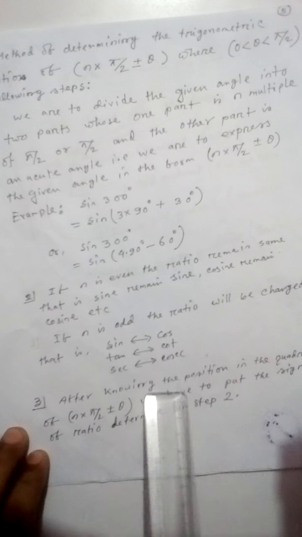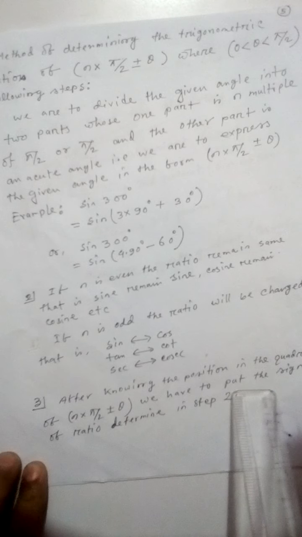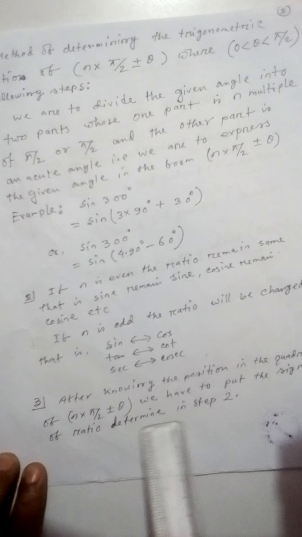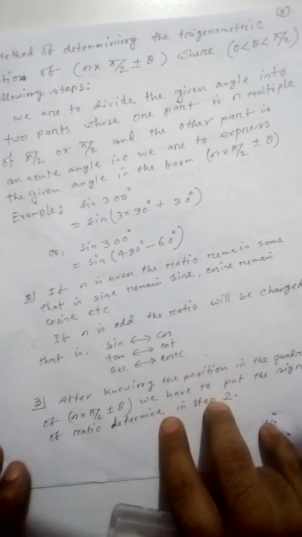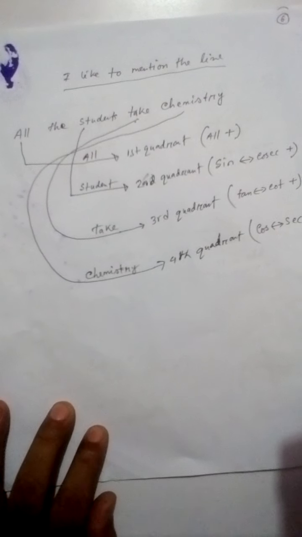Number 3, after knowing the position in the quadrant of n into pi by 2 plus or minus theta, we have to put the sign of the ratio, determined in step 2. I like to mention the line: All Students Take Chemistry. So here All means first quadrant, all positive. Students, in the second quadrant, the first letter S, that means sin and inversely cosec are positive in the second quadrant, otherwise negative.